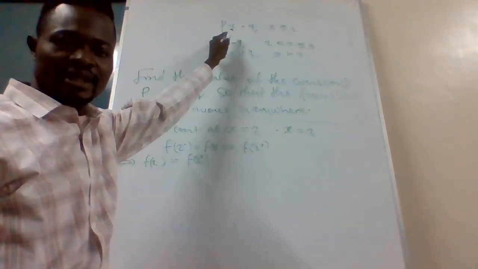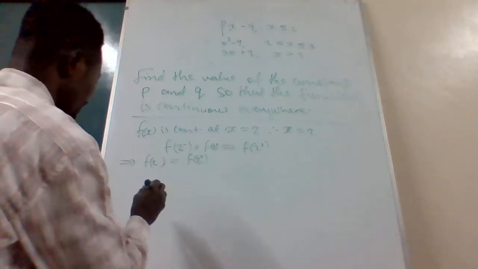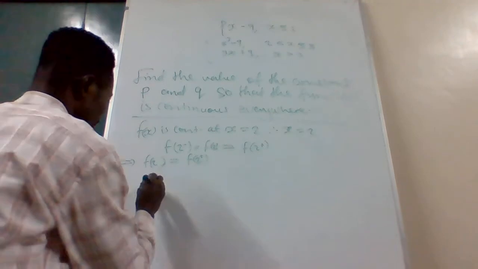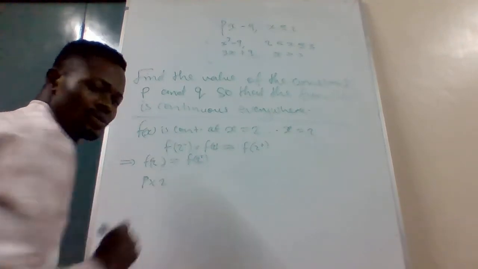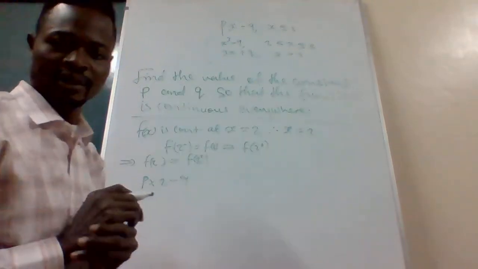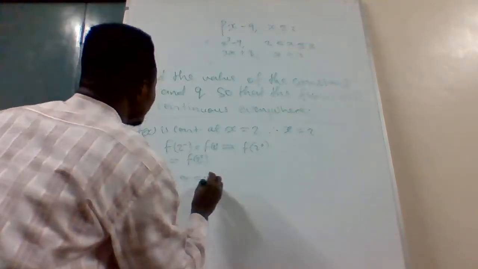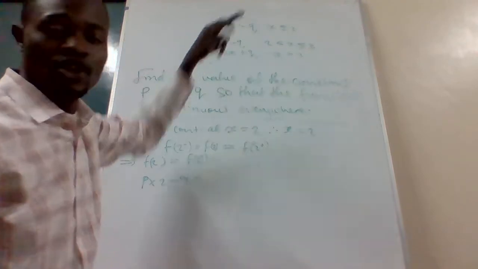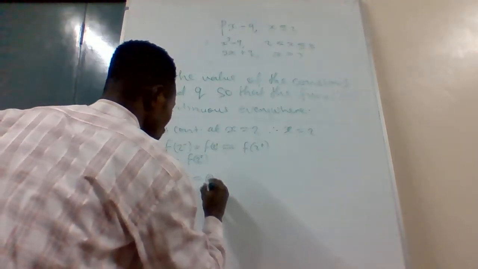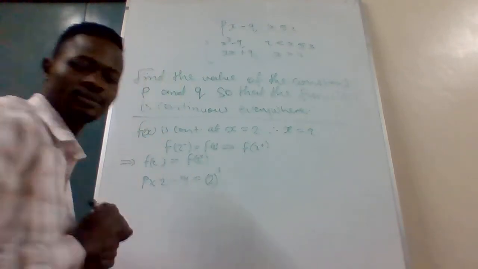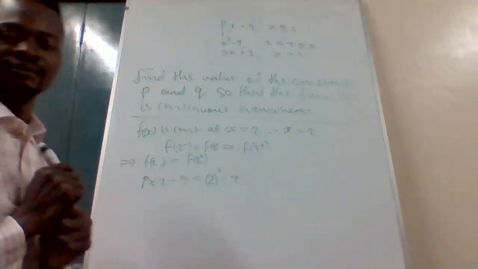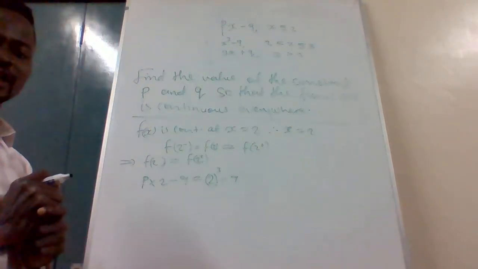When we replace this variable, we will have p times 2 minus 9, and this is equal to, what we have here is x cubed. So it is 2 because it is f of 2, so x is 2 cubed, then minus 9. That is the next step.